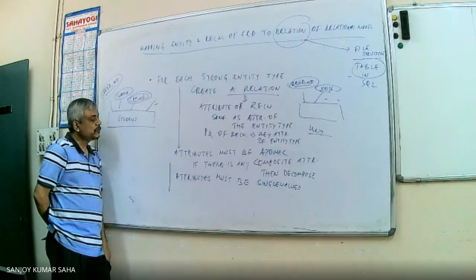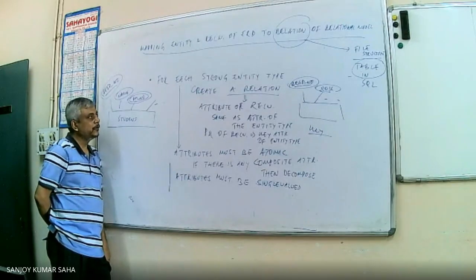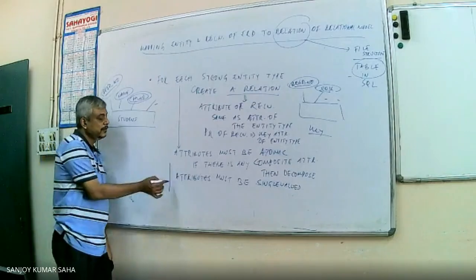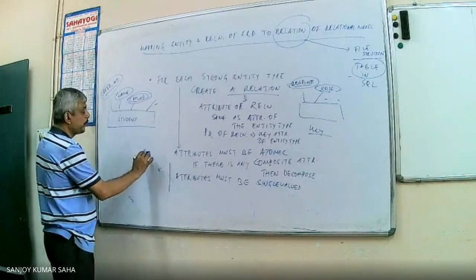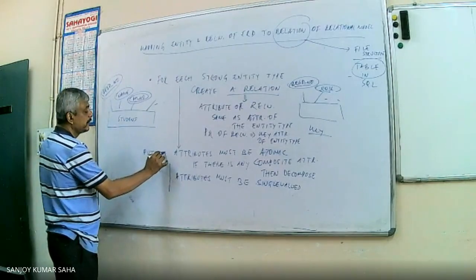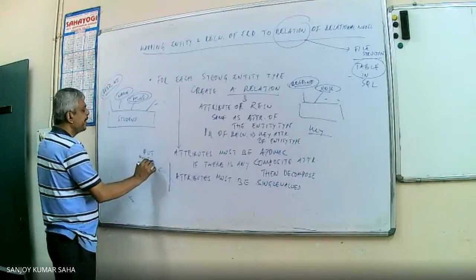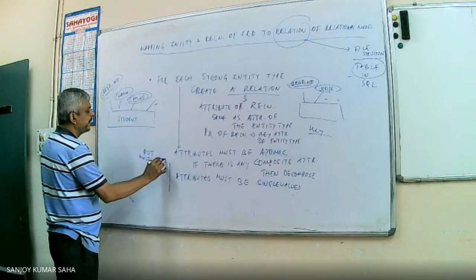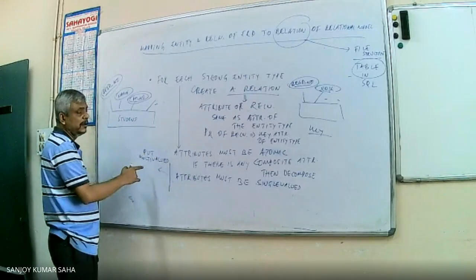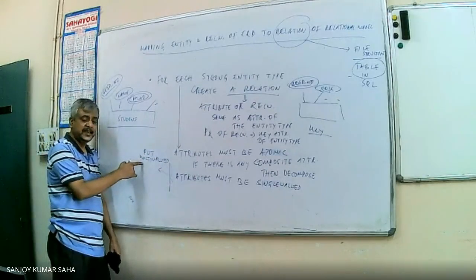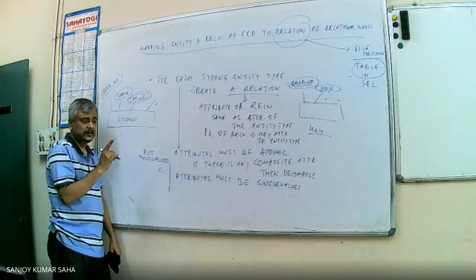So if we have multi-valued attributes, I am making a statement. Later we will dig into this issue when we go for normalization.